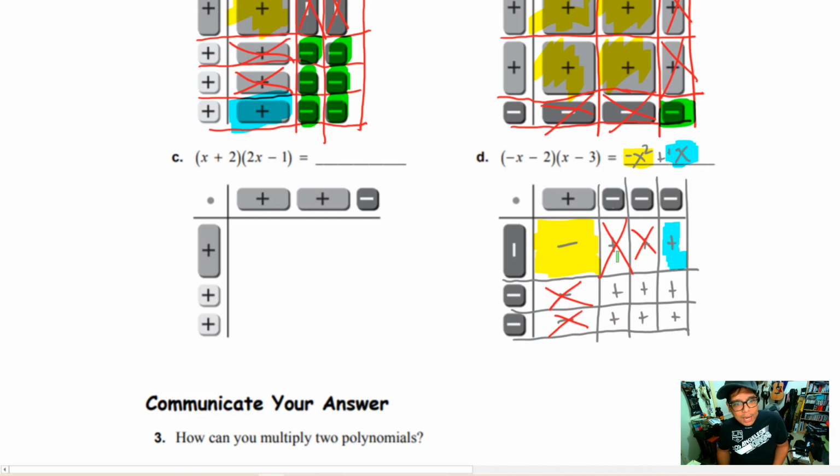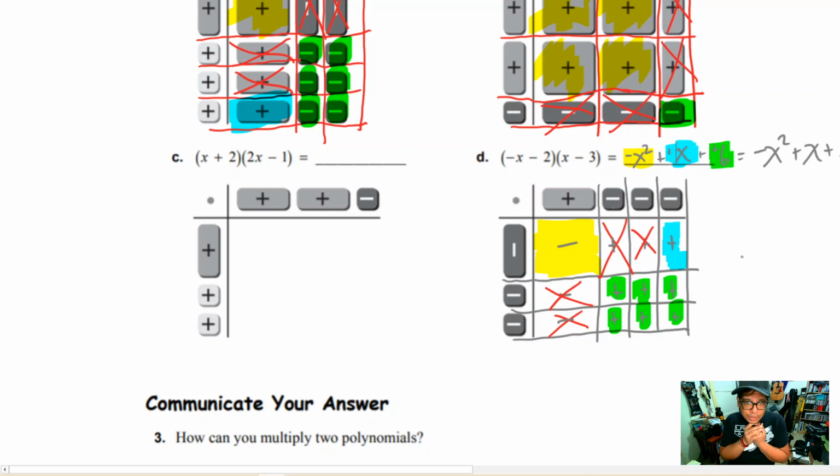And then I'm going to say how many of the unit tiles do I have? I have 1, 2, 3, 4, 5, 6 unit tiles, and they are positive. So plus a positive 6. If you want to clean that up, of course, that's going to be negative x squared plus x plus 6.